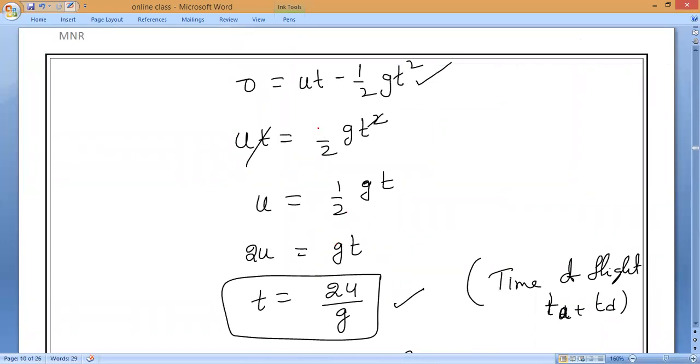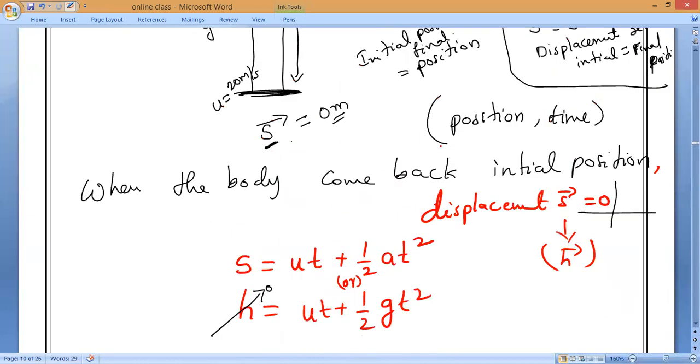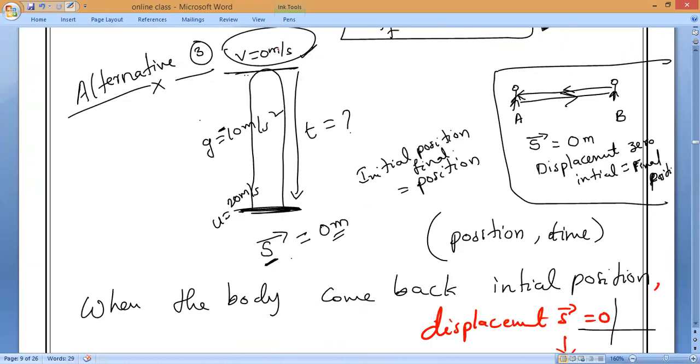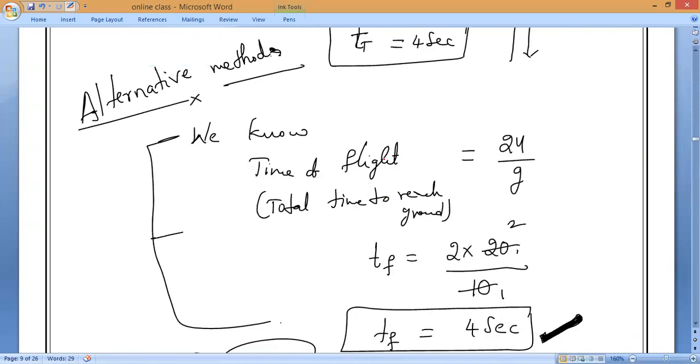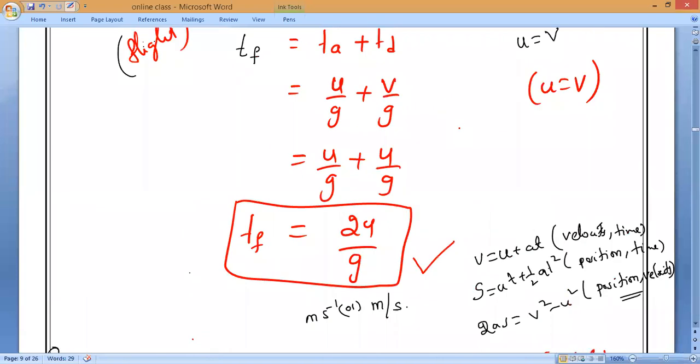When the body reaches the same position, then displacement will become what? 0. And also final velocity is 0. So we can use which equation? No final velocity, which equation? Only the second equation. Yes or no?